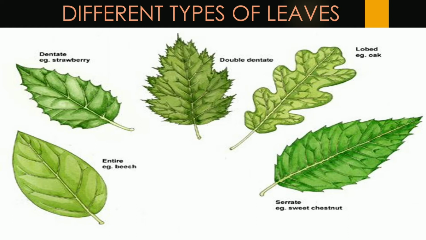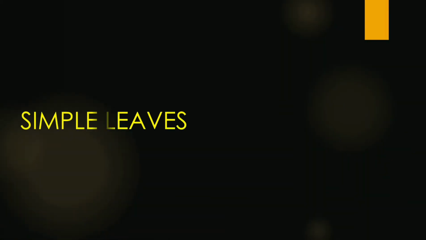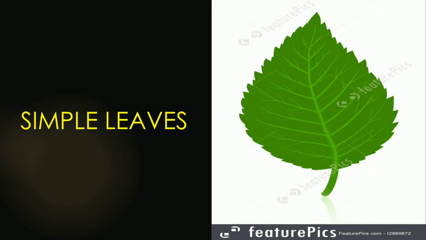The next is types of leaves: simple leaves and compound leaves. A simple leaf has a single undivided leaf blade with a single midrib. As you see in the picture, this is a simple leaf.